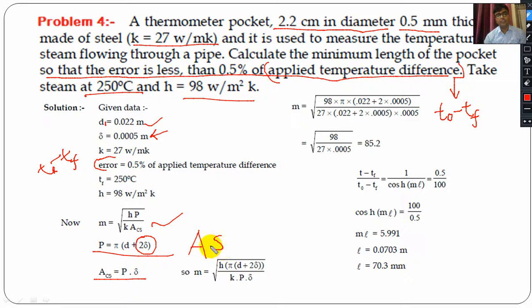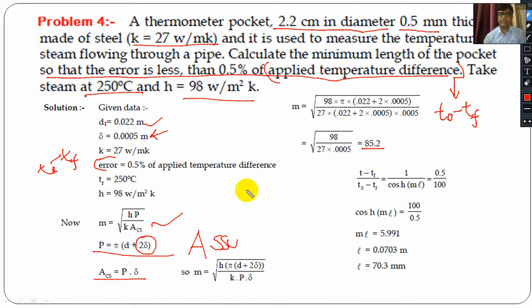Clear? If you don't write the assumption and you consider del as negligible, definitely your answer is wrong. If you want to neglect del as compared to the internal diameter of the thermometric well, you write the assumption, otherwise you consider it. So I suggest you always consider it. So you consider this del value, and the M value comes 85.2.